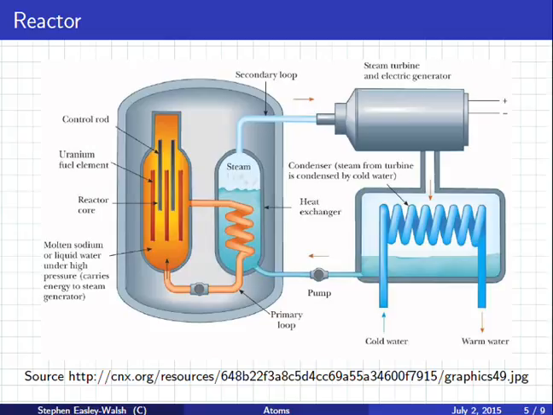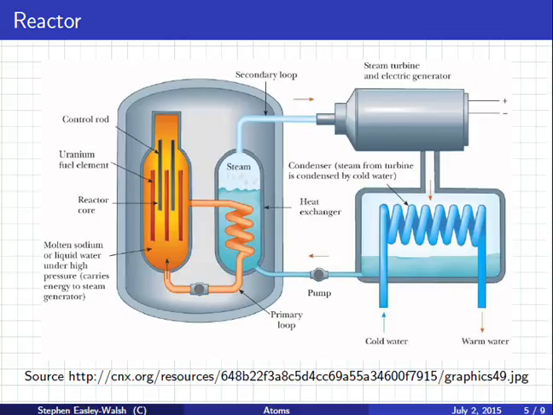Now, you see the red? That's uranium. And in this uranium, there's a chain reaction, so it's releasing lots of energy. And when you have lots of energy, it'll get very hot. So then it makes the water hot, turns it into steam, and then the steam turns a wheel that makes the electricity.